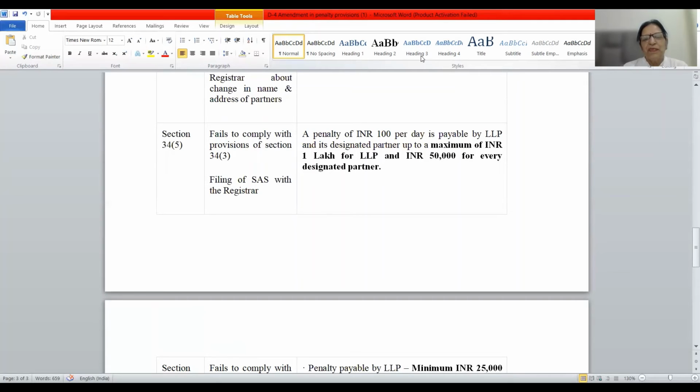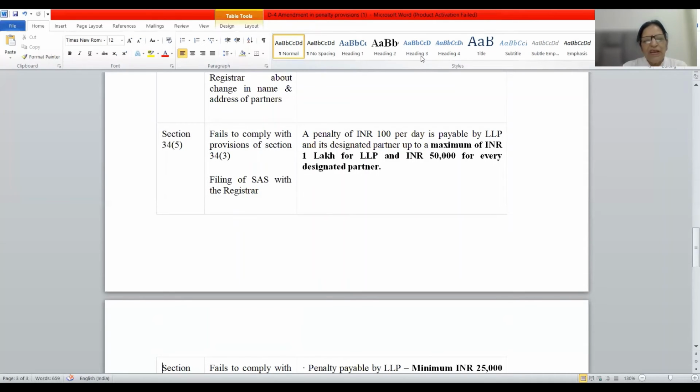It deals with the filing of statement of account and solvency with the registrar within the prescribed time, and if it is not filed within the prescribed time, then there is a penalty, which is rupees 100 per day by the LLP and its designated partner, and the maximum amount has been laid down, which is 1 lakh for LLP and rupees 50,000 for every designated partner.